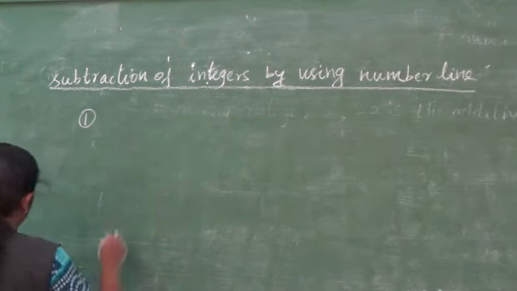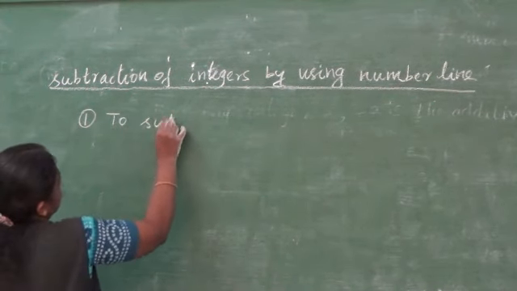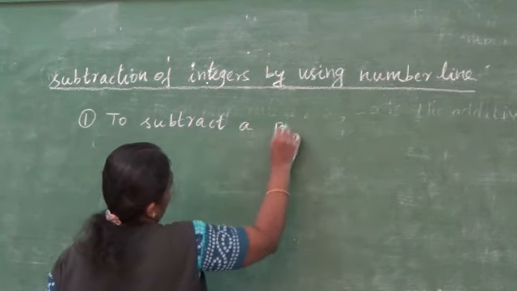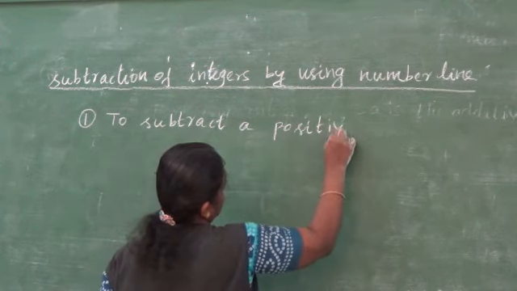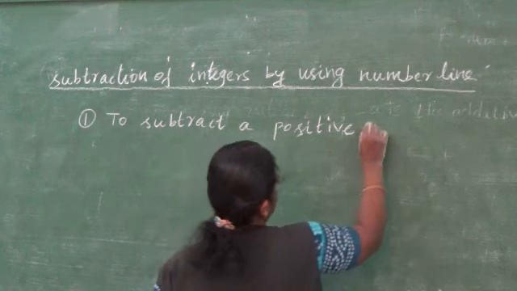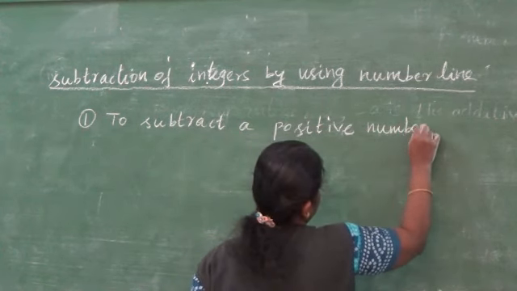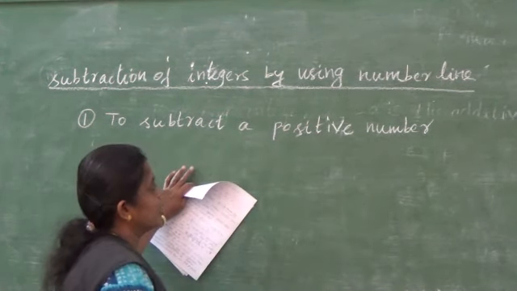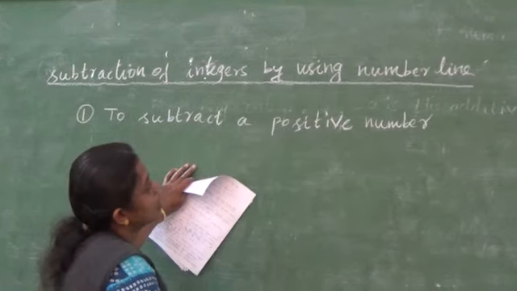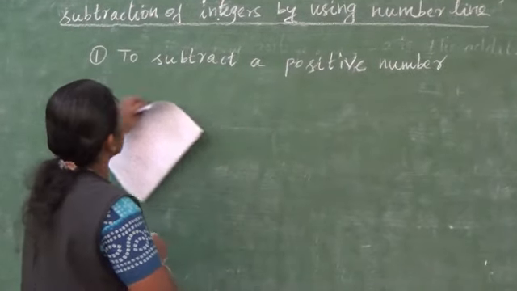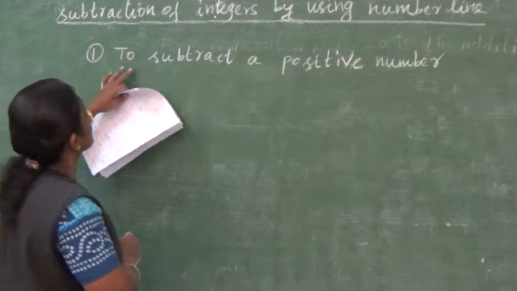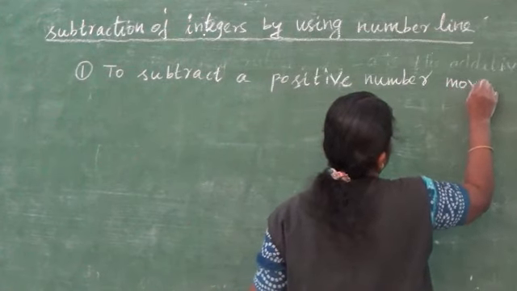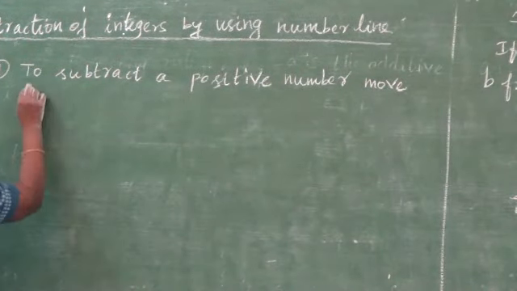The first rule is to subtract a positive number. Here I am not giving any introduction about the number line, because already I told how to draw the number line. That's why I straight away came to the rules. To subtract a positive number, move left on the number line.